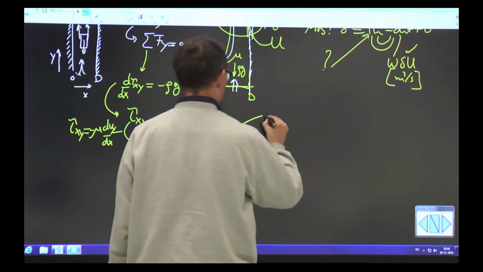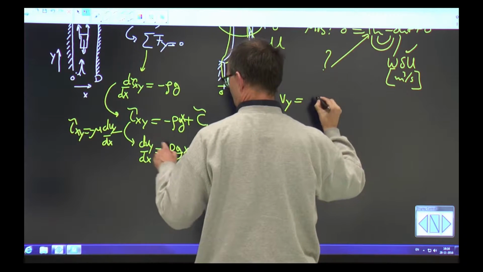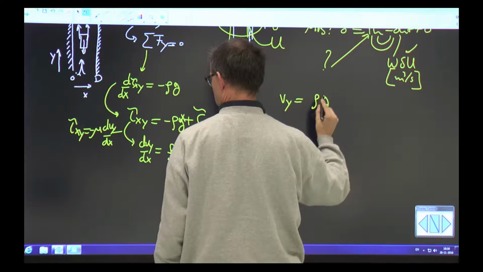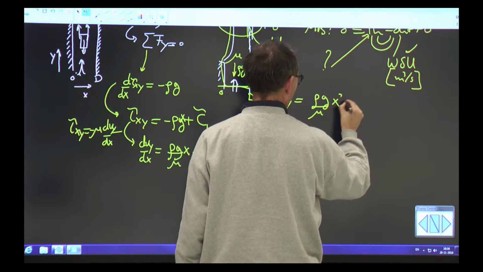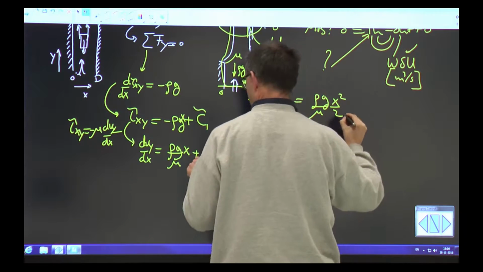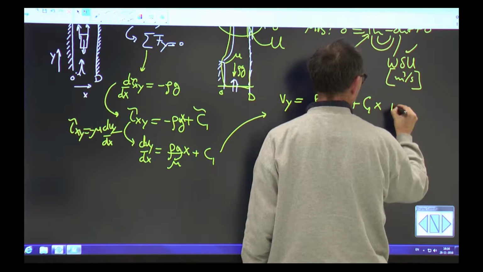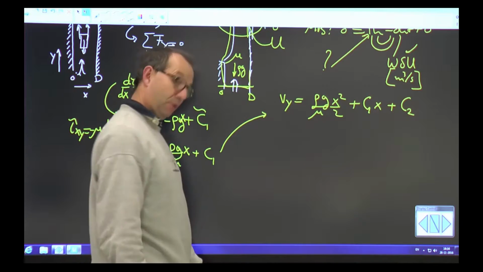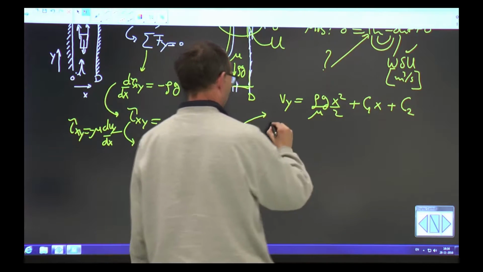This can be easily integrated, so Vy equals rho g over mu times x squared over 2, plus C1 integrated is C1 x, plus a new integration constant C2. Okay, two integration constants, two boundary conditions. And I have them, the boundary conditions.